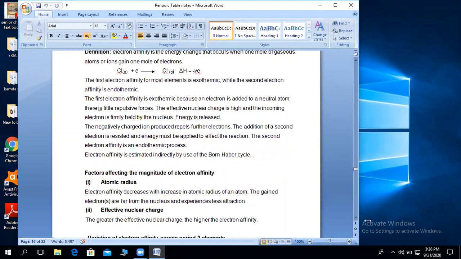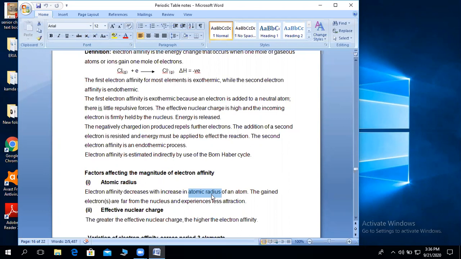Okay. So factors that affect the magnitude of electron affinity. We have atomic radius, and I think you will agree with me that the electron affinity decreases with increase in atomic radius. What does that mean? When atomic radius increases, that means the size of the atom has increased.